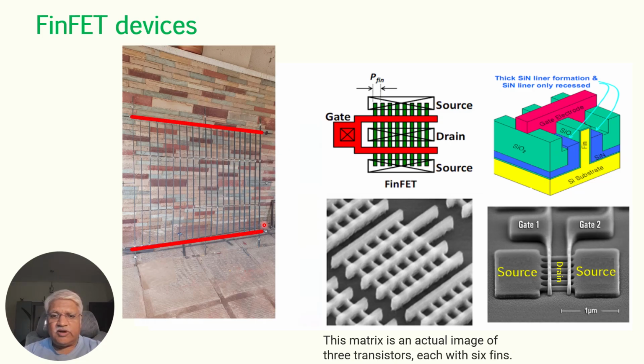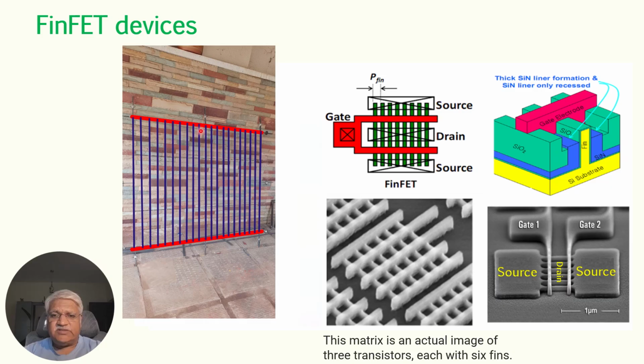These two are the source regions, and these are the fins. These fins are the fins, and these are the gates, the green ones. This one is gray, and this is the drain, and these are the source. So in daily life also, if you observe closely, you can see different configurations which you can relate to some of these devices.